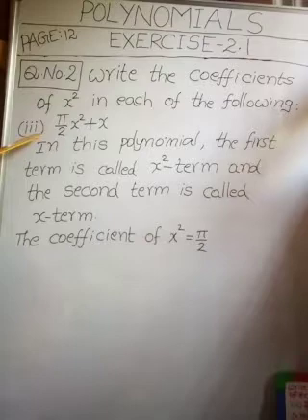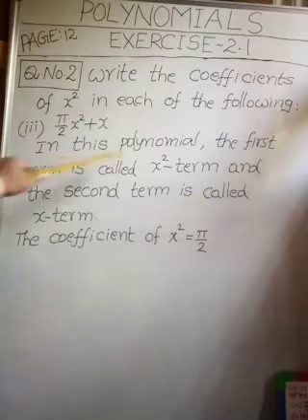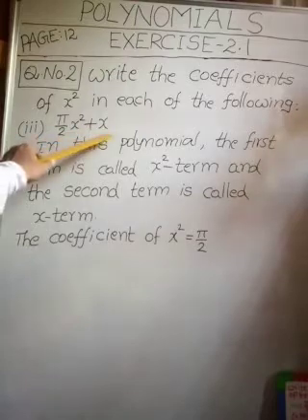That is the third question. Pi by 2 x square plus x. This is the given polynomial. Again, here also I am explaining in detail about the names of the terms of a polynomial. In this polynomial, what is the first term called? X square term. What is the second term called?